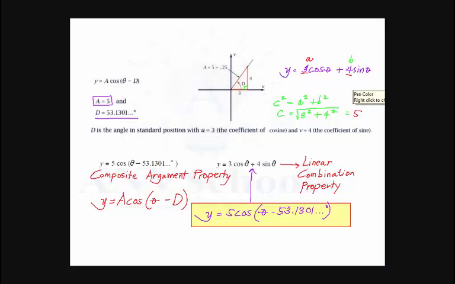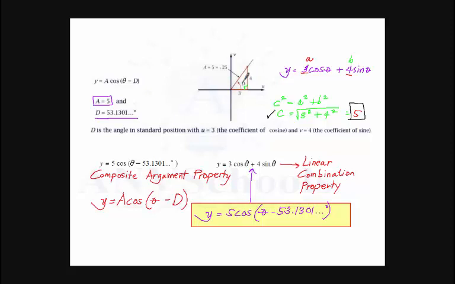So after getting the value of our amplitude, which is a relationship between the two coefficients A and B, which are u and v, where A is equivalent to u, the coefficient of the cosine, and B is equivalent to v, the coefficient of the sine, getting the Pythagorean relationship, our C is equal to 5. Now how do we find this D?